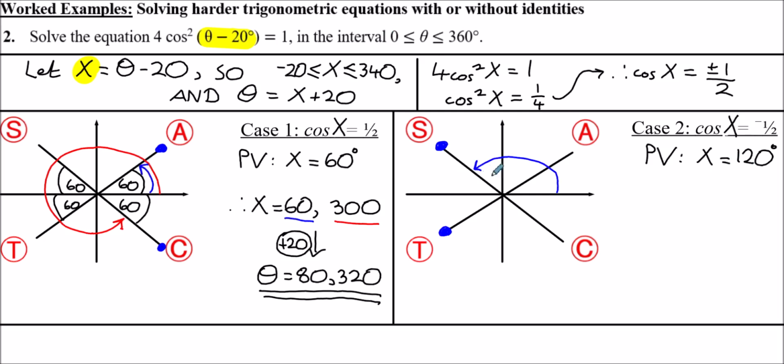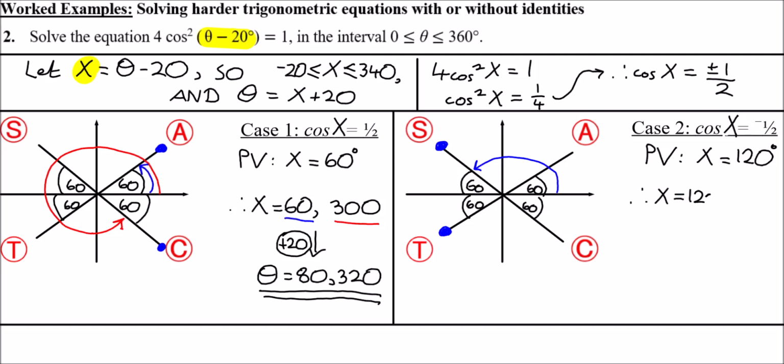If that's 120, which is valid because it's in the range of -20 to 340, this angle here again will be 60. So we can label in these acute angles on the cast diagram. So x being 120 is valid.